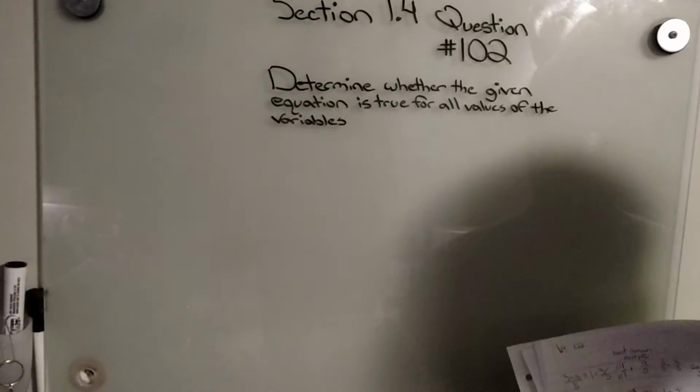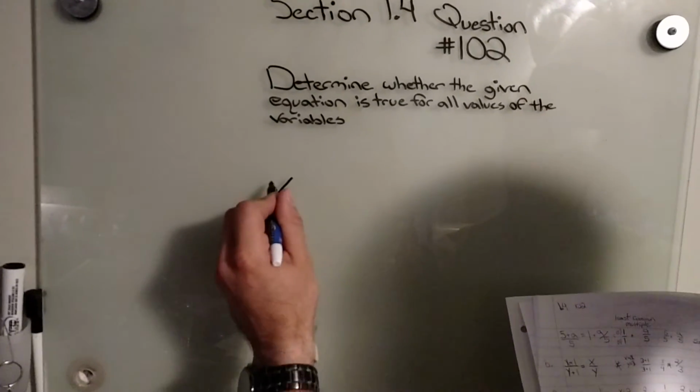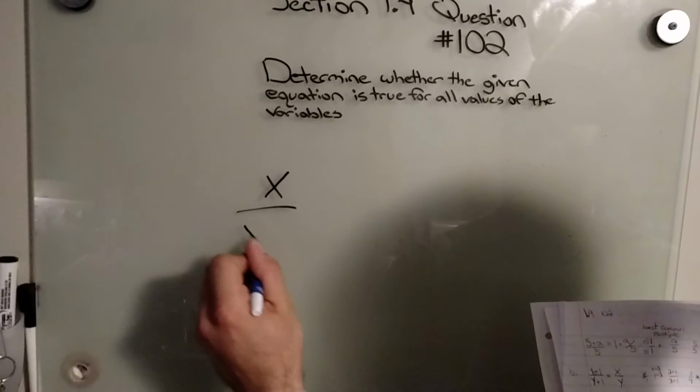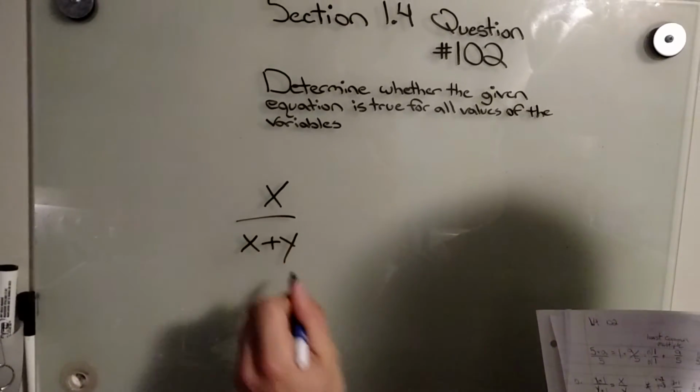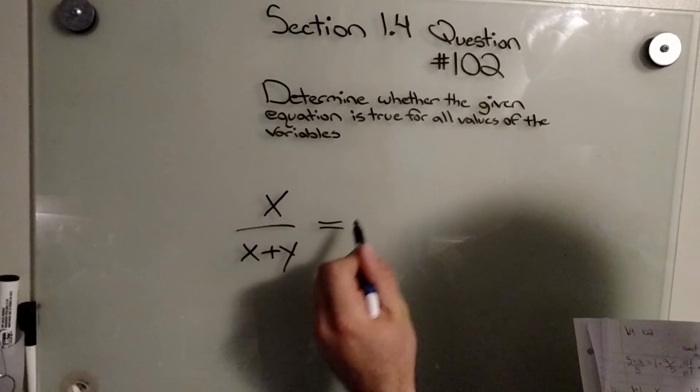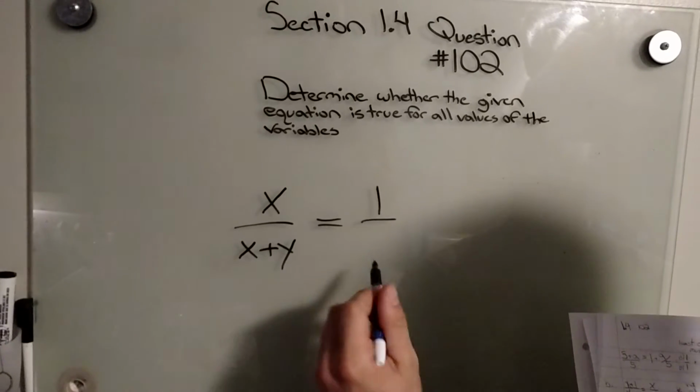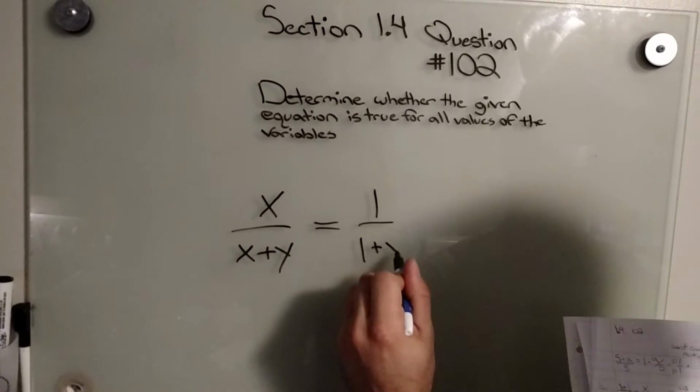Now for our next question, we are given x over x plus y is equal to 1 over 1 plus y.